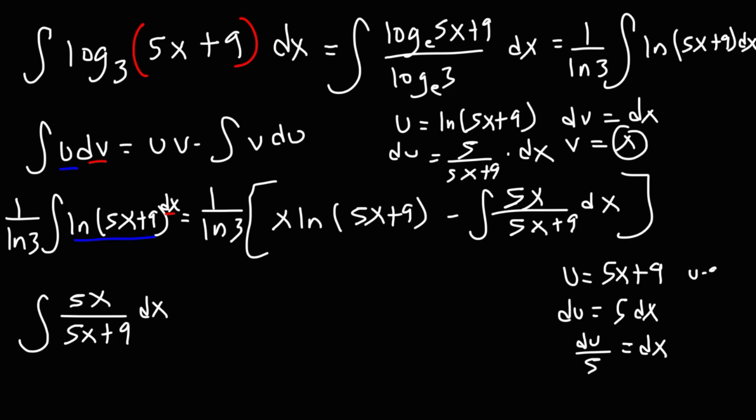So u minus 9 is equal to 5x. So now I can replace 5x with u minus 9. And then I can replace 5x plus 9 with the u variable. And then I could substitute dx with du over 5.